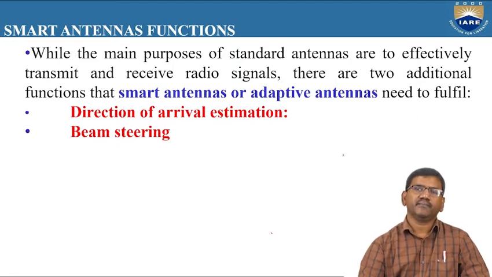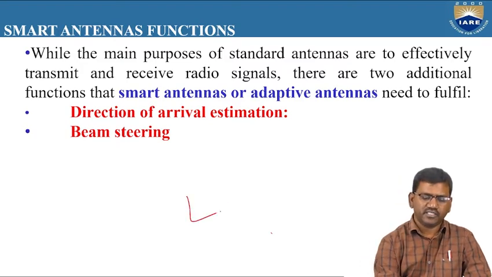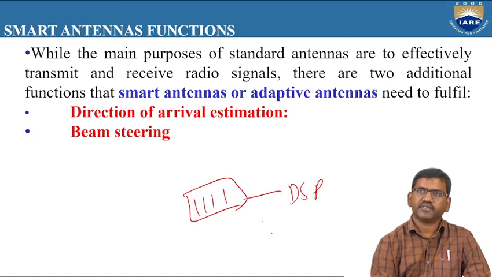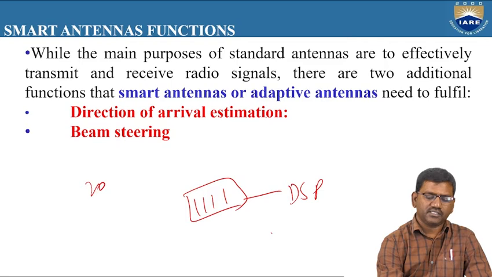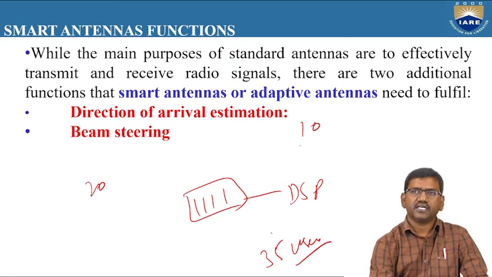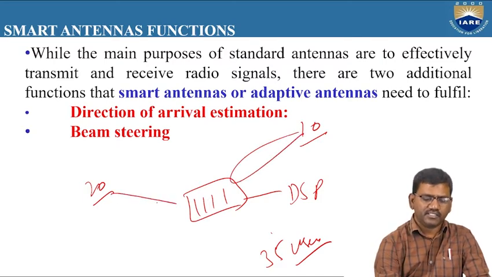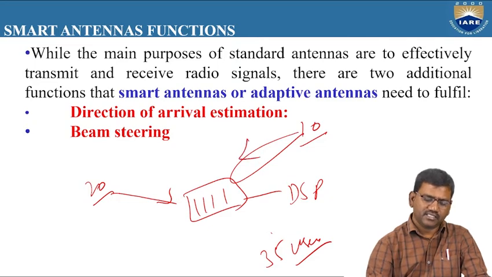There might be many users in different directions, and all the directions of arrival are calculated by the DSP. Suppose this is a smart antenna system with a DSP, and here there are 35 users, here 10 users, and here 20 users. So there are three different directions.